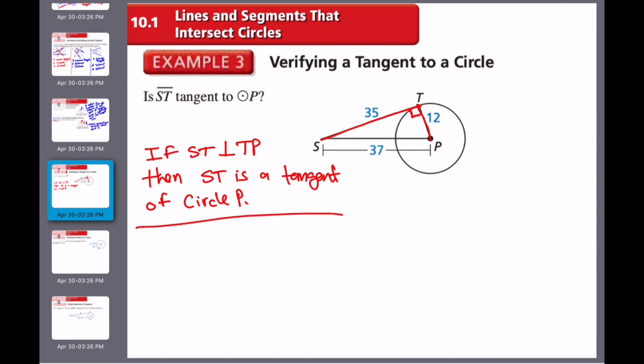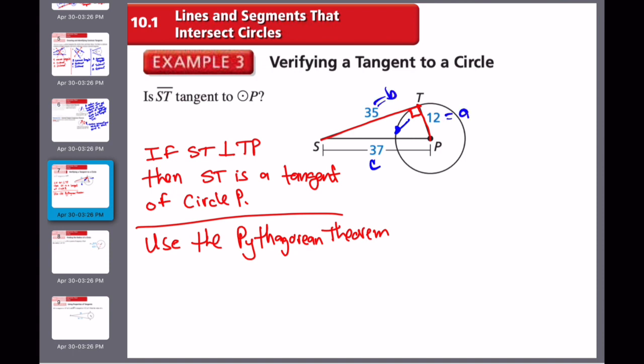And hopefully you say, use the Pythagorean theorem. So remember that our hypotenuse is always across from the right angle. So that's our C value. And then we can make the other two A and B. A and B are interchangeable, but C, we have to get that one right.